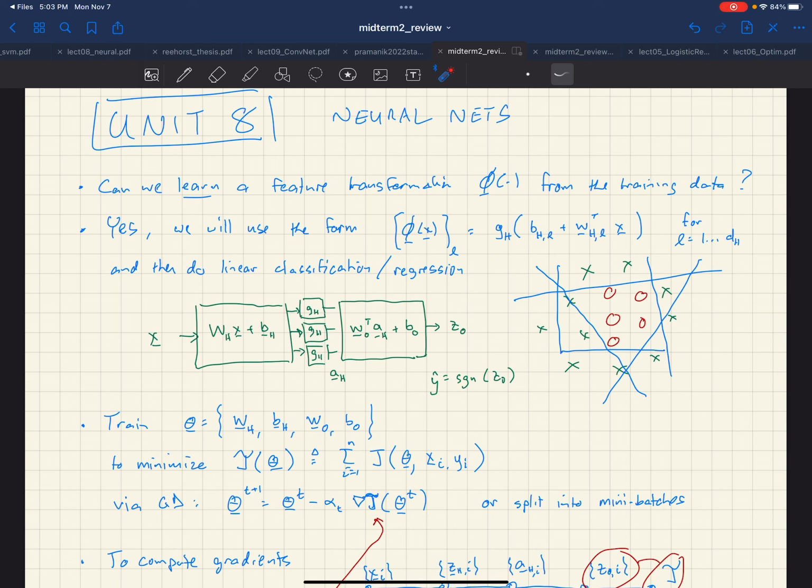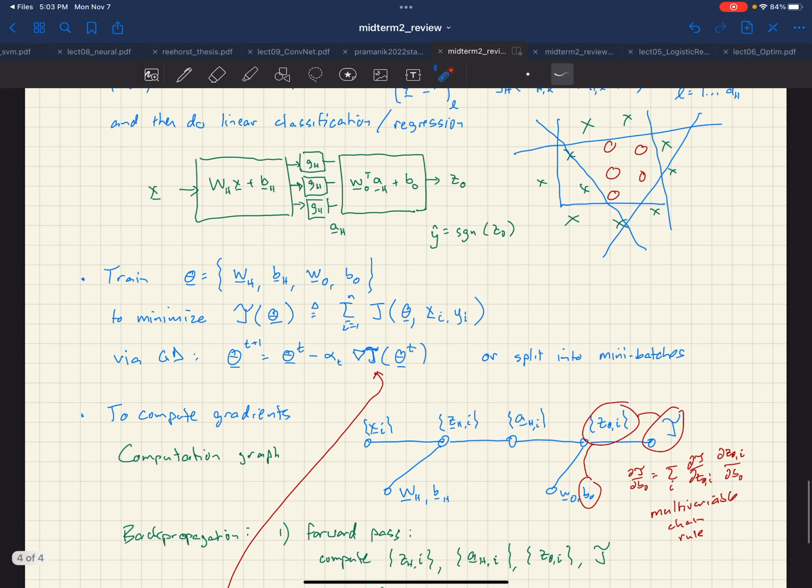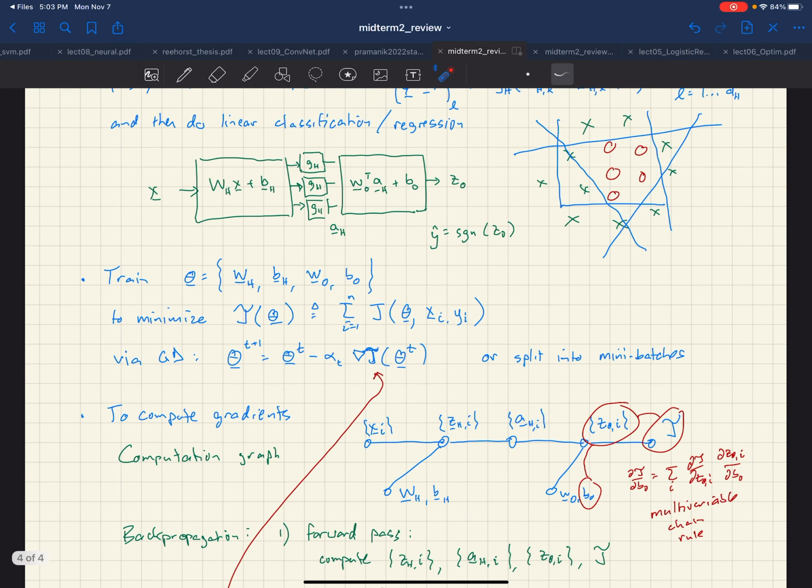So this J here would be the negative log likelihood. The derivation is very similar to what we've seen before, except for the extra complications from the nonlinearities, which affect how these different parameters manifest in our cost.